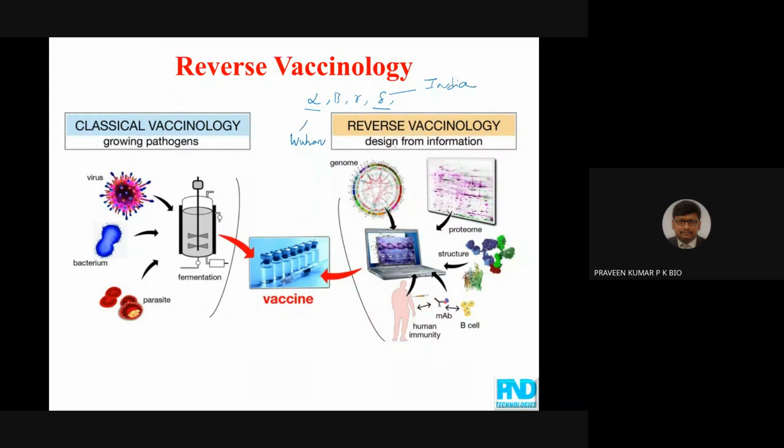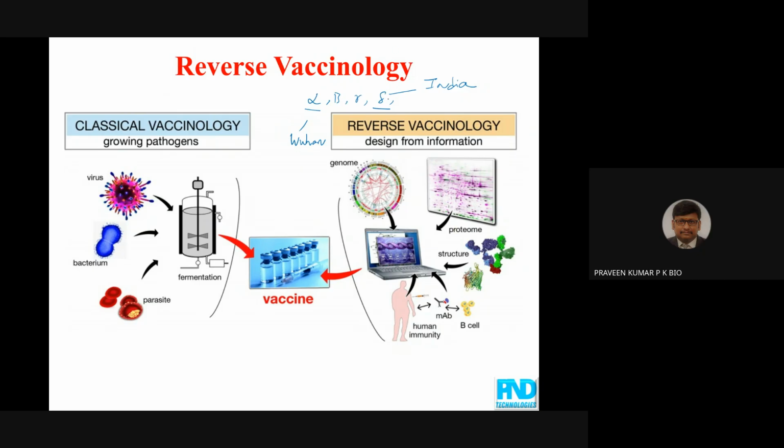In reverse vaccinology, we start with the genome. Each and every strain, whatever I mentioned, 100 strains, is because of even a single mutation in the spike glycoprotein, which leads to a different strain. So the vaccines we used initially for alpha can't be used for prevention of the delta strain.